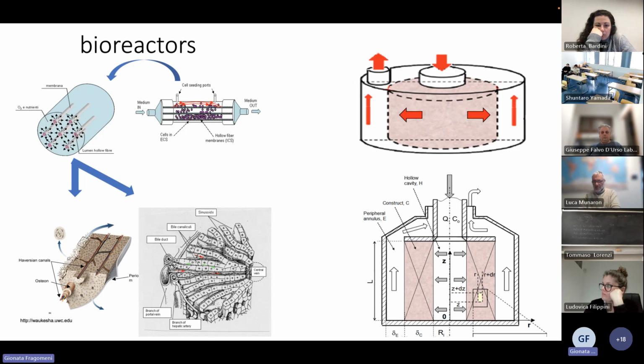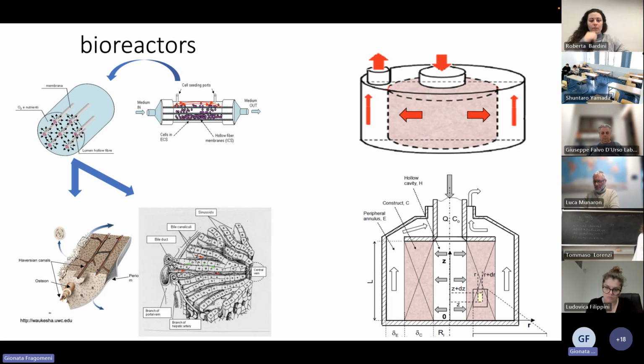In this slide, you can see different types of bioreactors. On the left, there are hollow fiber bioreactors. On the right, there are radial flow bioreactors. For the hollow fiber, there is an analogy with the tissue and the organs.